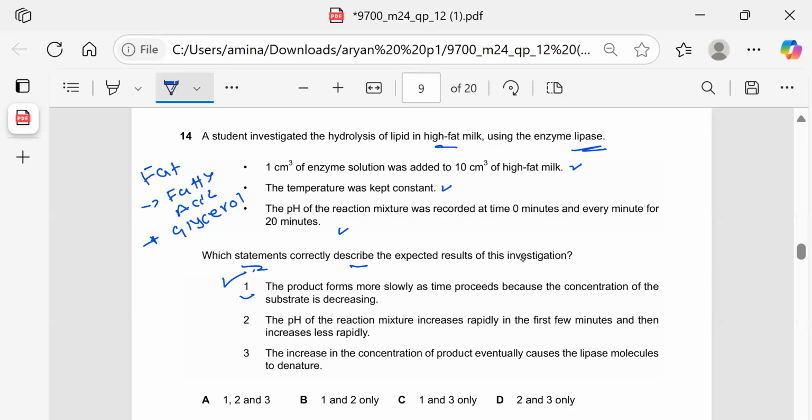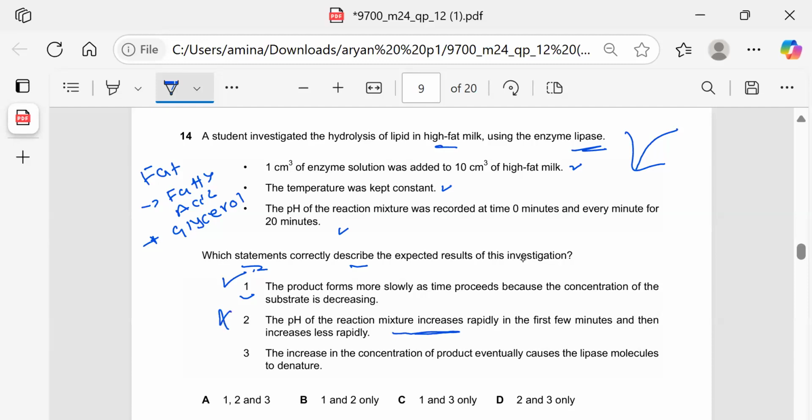The product is going to be formed slowly. I should get a reaction like this because the concentration of the substrate is going to decrease as the reaction proceeds. Okay, then comes statement 2. The pH of the reaction mixture increases. Reaction mixture pH cannot increase because the fatty acid is going to decrease the pH.